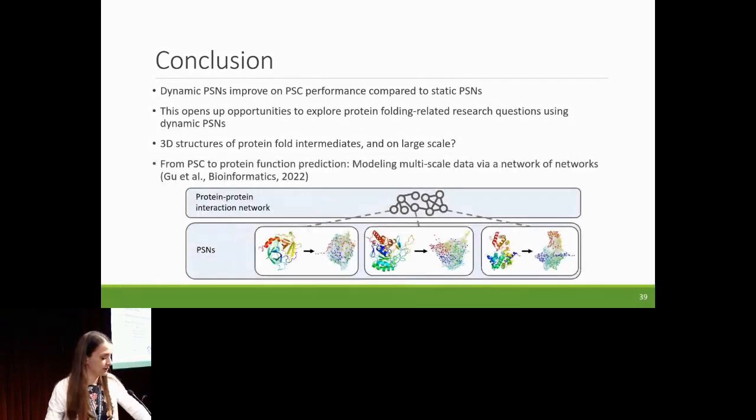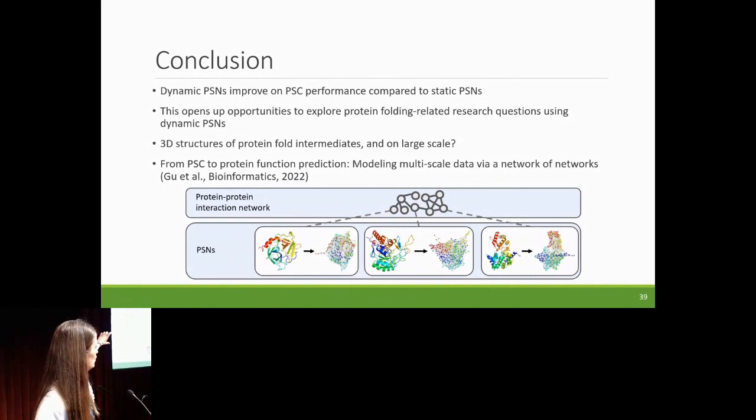And just advertisement by my group, if you're interested in moving from protein structural classification to protein function prediction. In our recent paper, we have basically modeled, kind of touches on this, but extends also on the data that we've used.